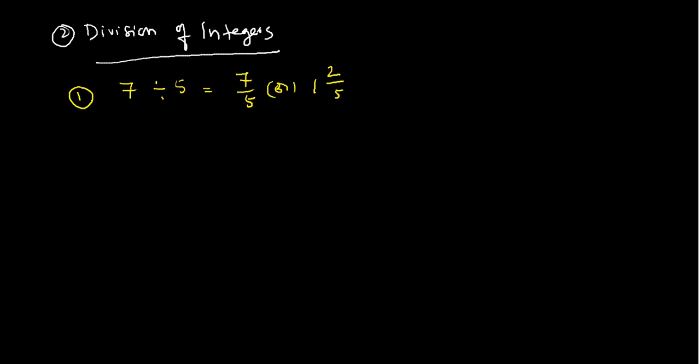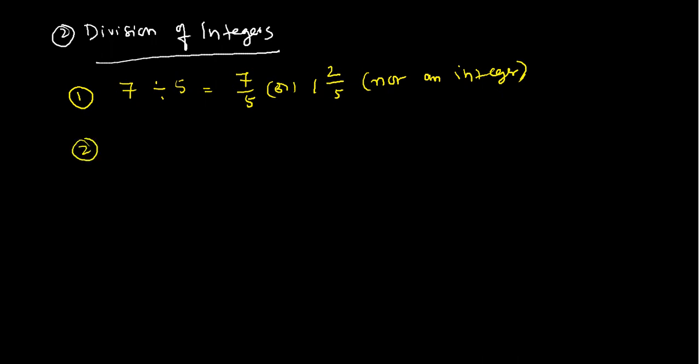So we observe that division is not closed for integers. When we divide a positive integer by another positive integer, we get a positive number which need not be an integer. Do remember this important point.